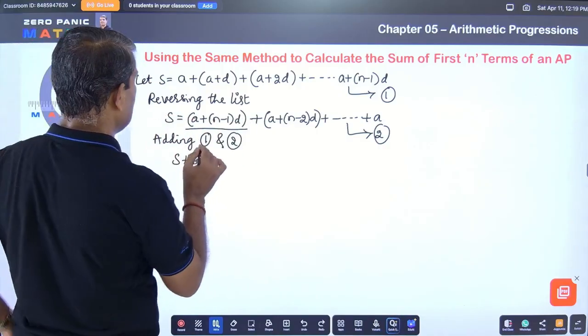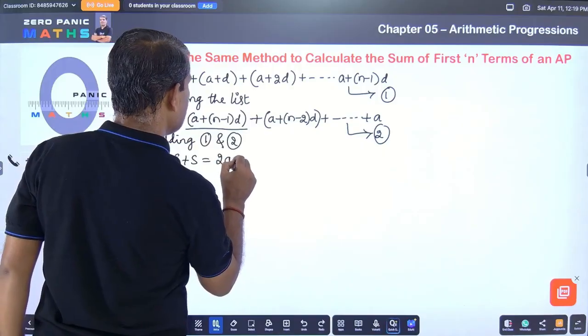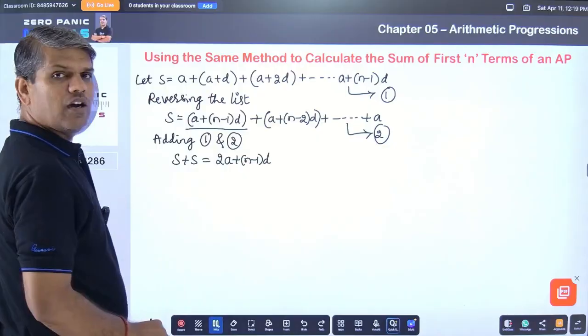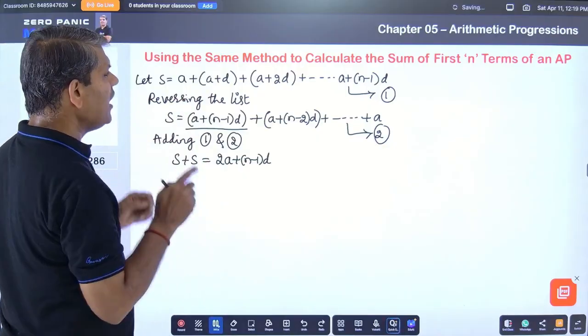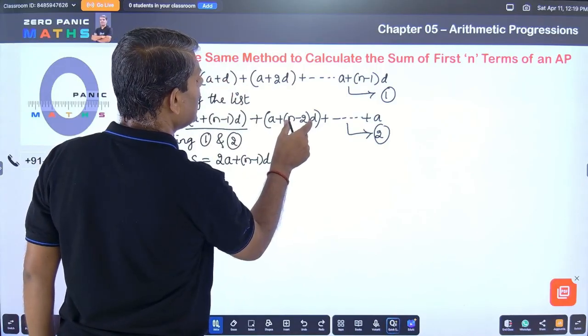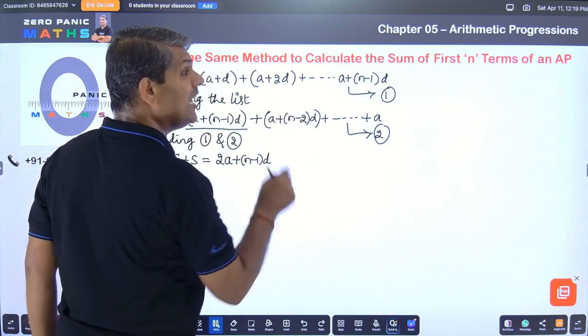So what I will get is 2a plus n minus 1 into d. Now similarly, if you add a plus d here, see how many d's are there? n minus 2 d's are there.